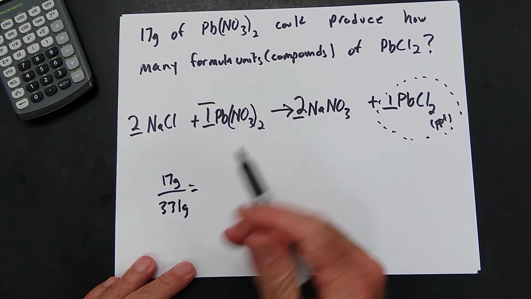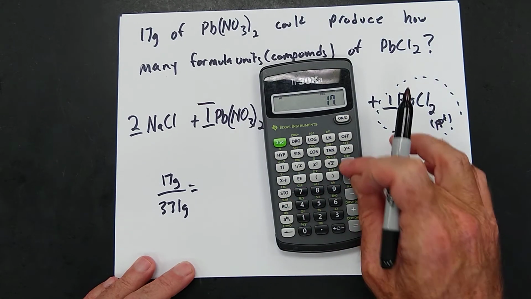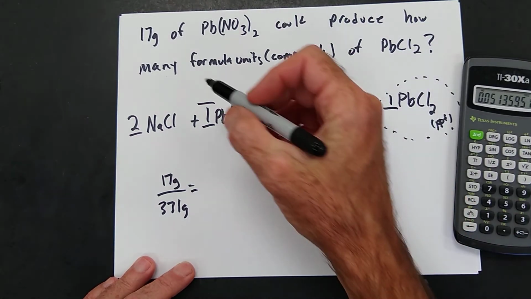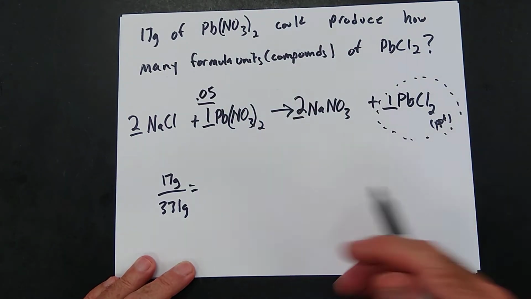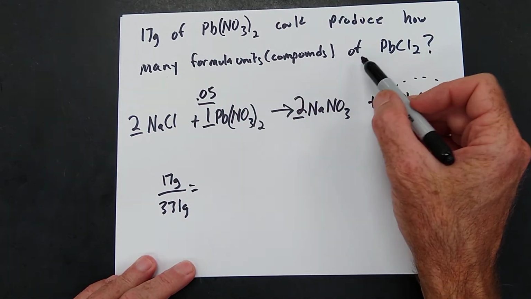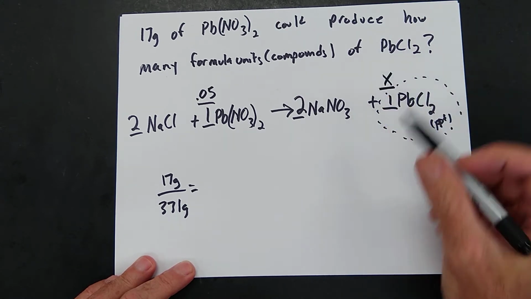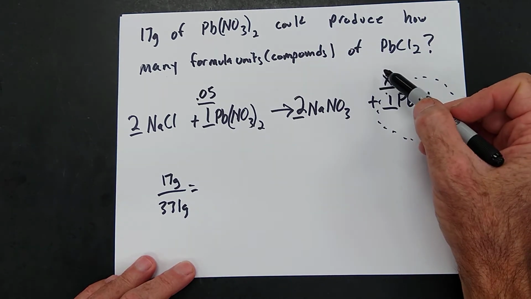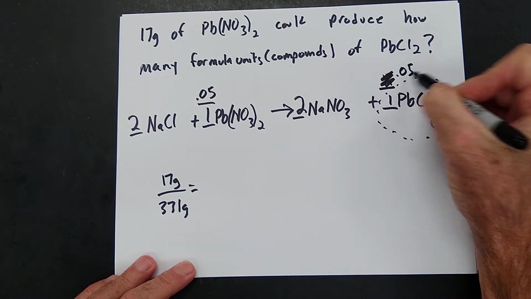So 17 divided by 331 gives me 0.05 moles. So 0.05 moles, that's the number that goes in here, could produce how many formula units of PbCl2? Okay, so I'm going to put an X right here. If we solve this, 0.05 is to 1 is 0.05 is to 1, then we find out 0.05 goes there.